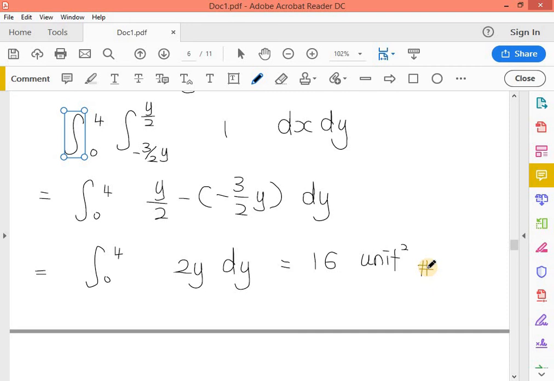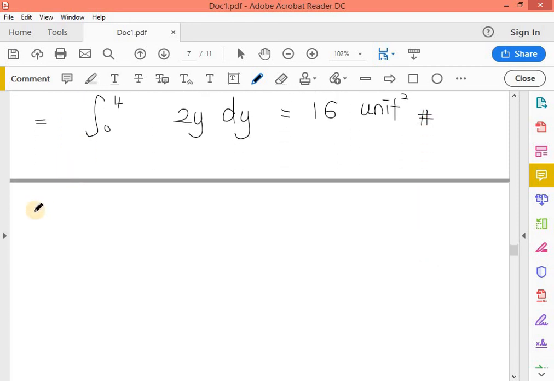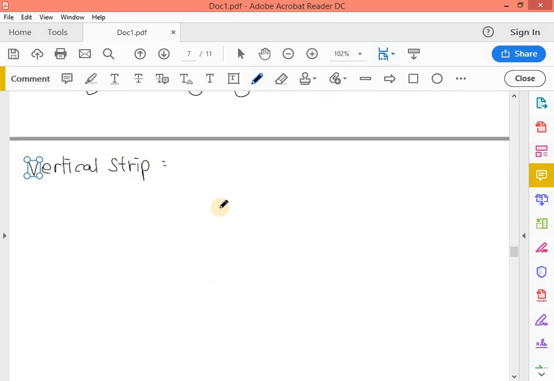We are going to move on to the vertical strip technique. Vertical. So vertical strip. So I draw again my triangle.